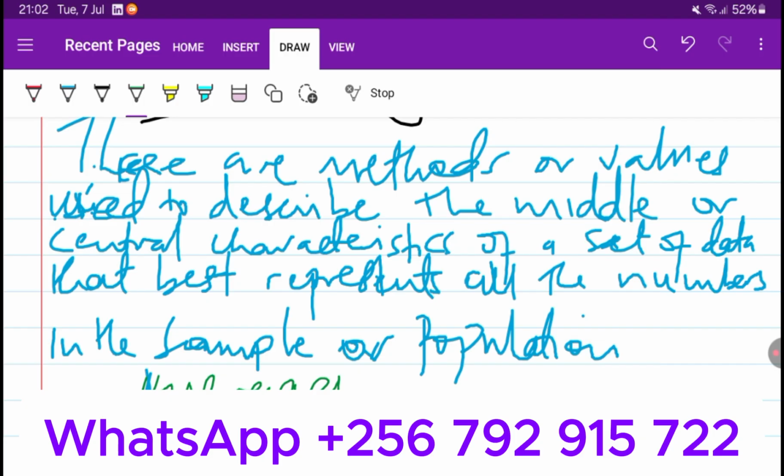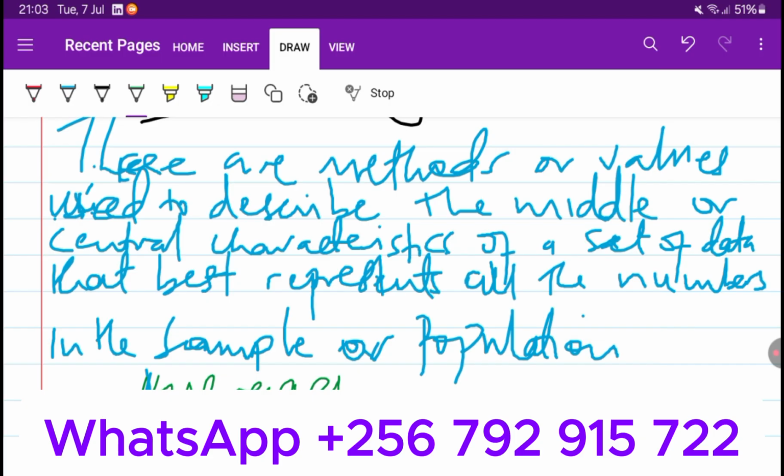So you get a value that is going to help you understand how the data is going to be distributed. And as I told you, we can use it for a comparative study of the different distributions.